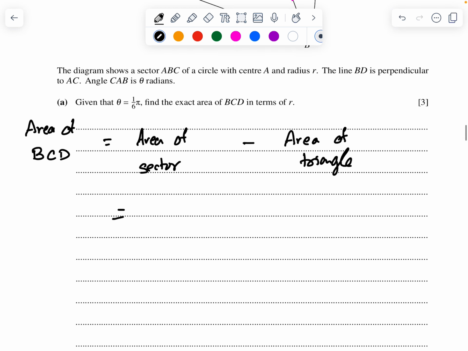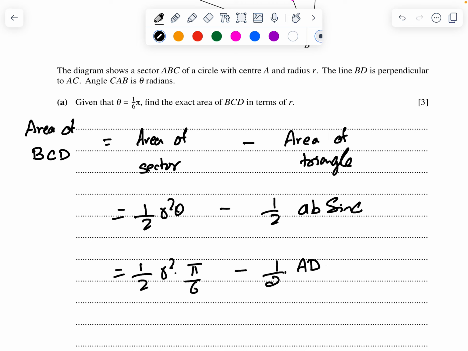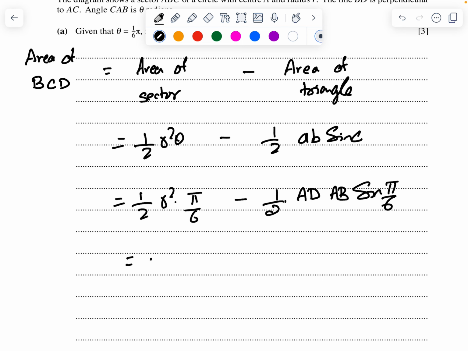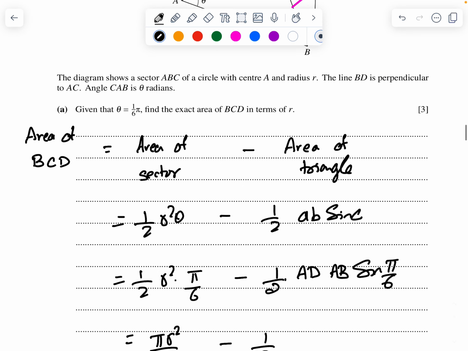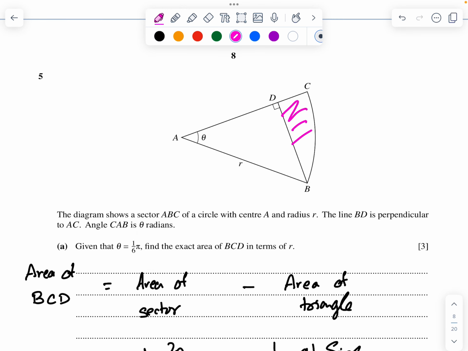Area of the sector formula is ½r²θ. Area of a triangle is ½ AB sin C. So ½r²θ with θ = π/6, minus ½ AD AB sin π/6. Which will become πr²/12 minus ½ times AD. We have to find the value of AD. How do I find AD?